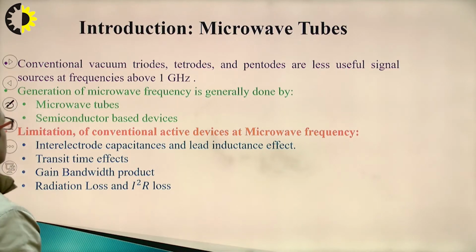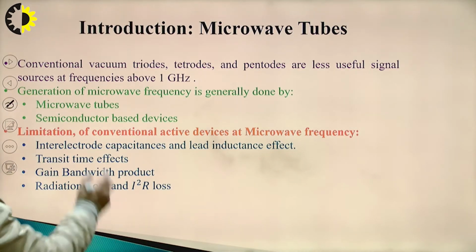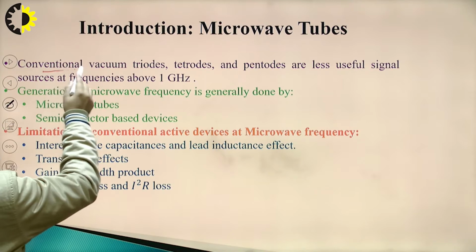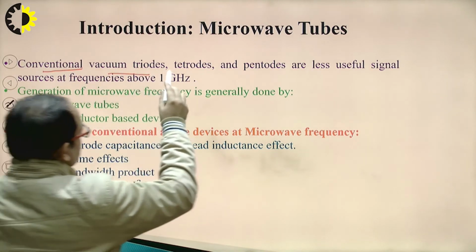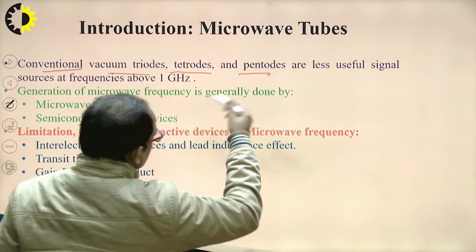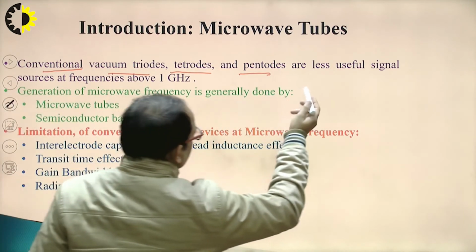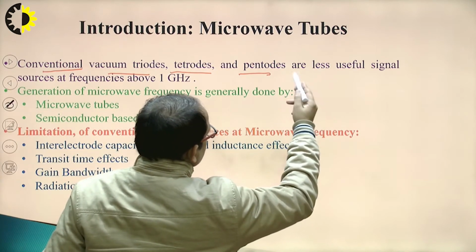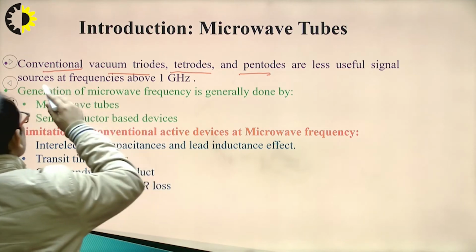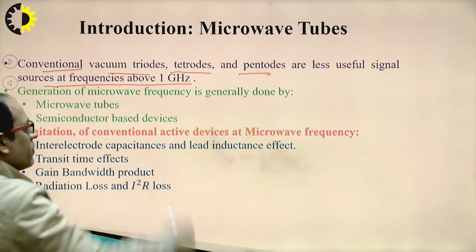Now see, what are the conventional microwave devices, conventional tubes? Conventional tubes are vacuum triodes, tetrodes, pentodes. These and the transistors are less useful signal sources at frequencies above 1 GHz.